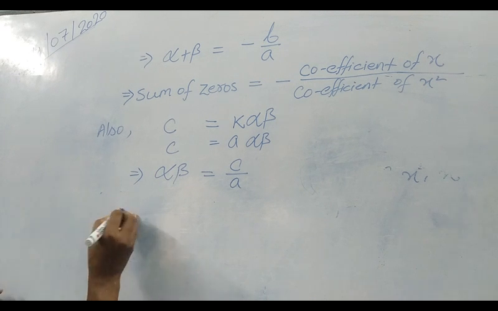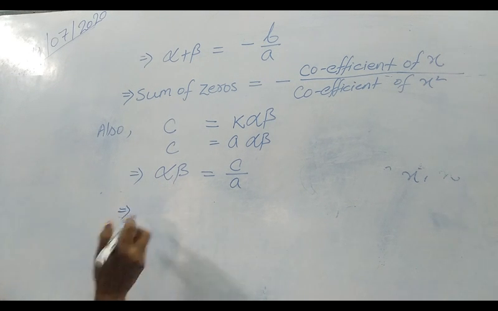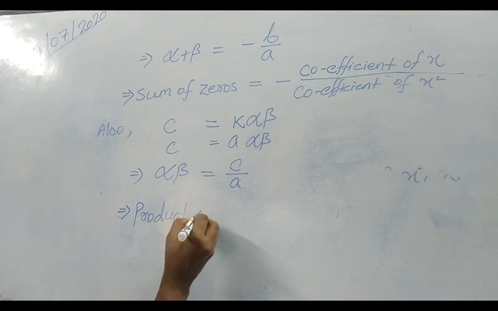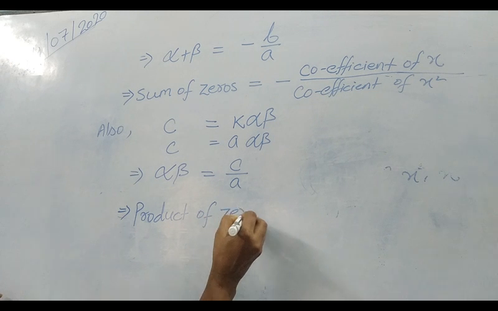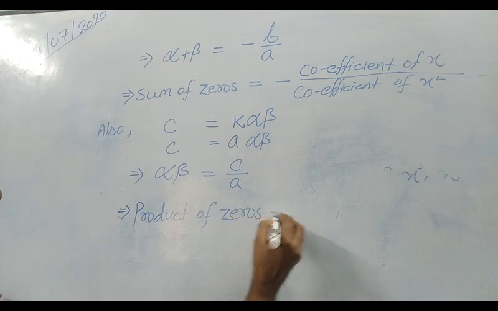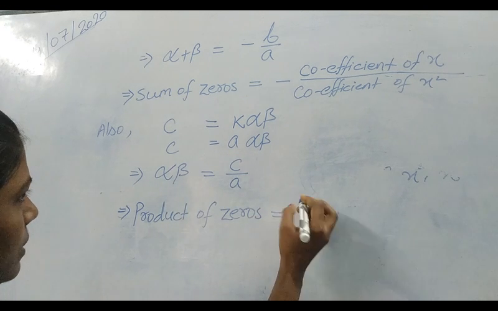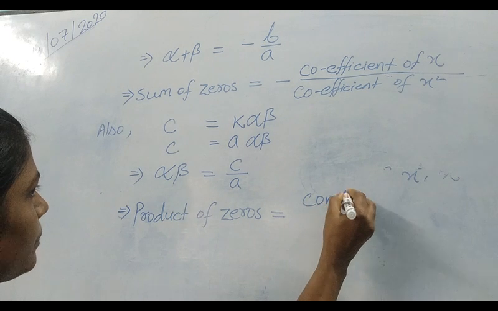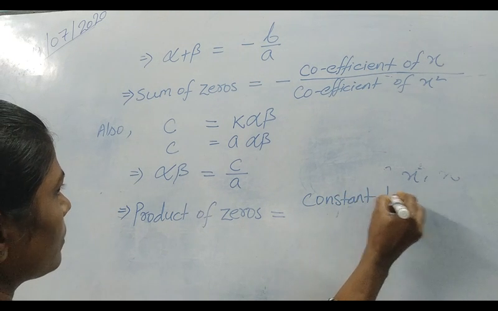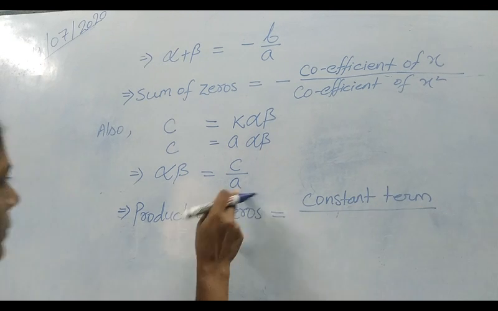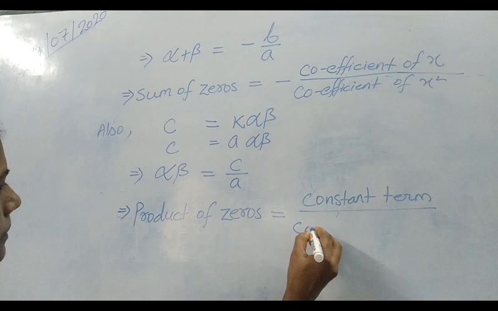Now this alpha into beta is said to be product of zeros. Is equal to, now c stands for, in the general form of quadratic polynomial, constant term by coefficient of x square.